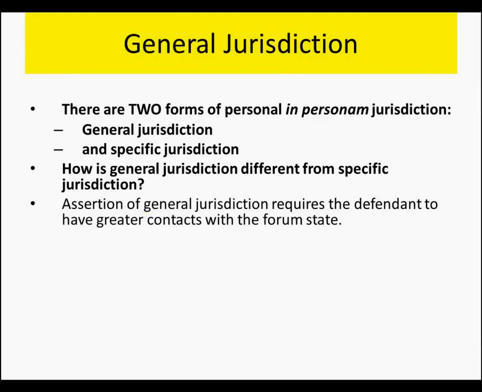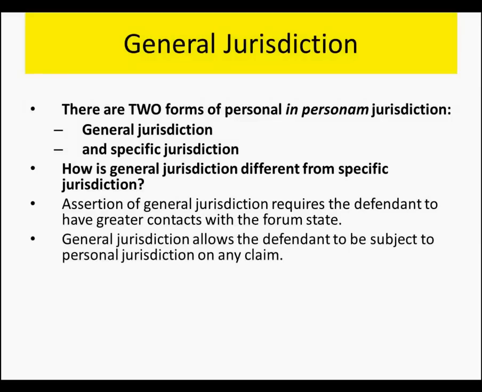Well, first, the assertion of general jurisdiction requires the defendant to have greater contacts with the forum state, and typically what we're talking about is more in number, a lot of contacts with the forum. Additionally, general jurisdiction provides the opportunity for the defendant to be subject to personal jurisdiction on any claim. That means, unlike specific jurisdiction, there's no requirement that the claim or your cause of action relate to the contacts in the forum.